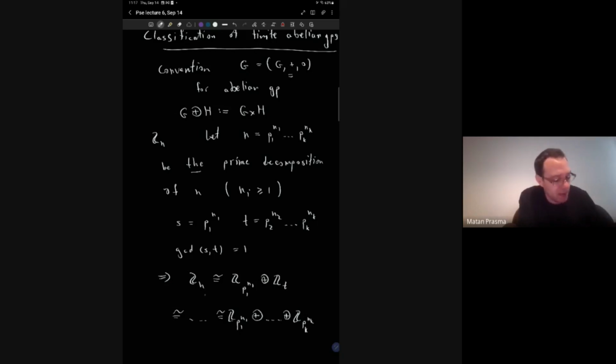Okay, so that's a nice factorization of integers modulo n.